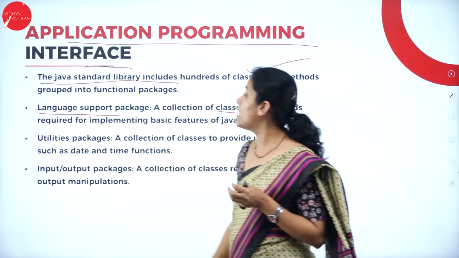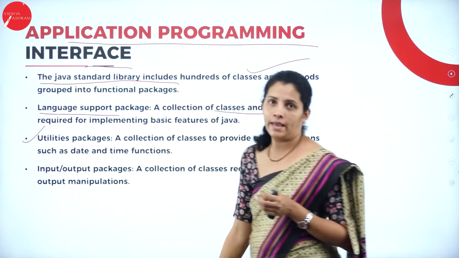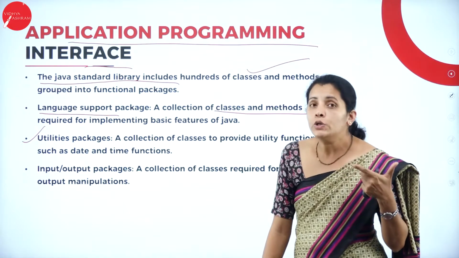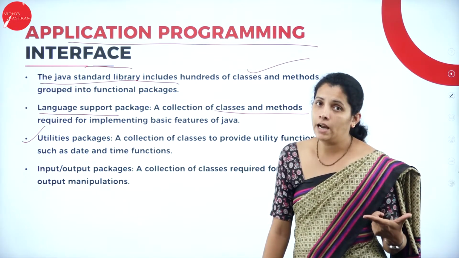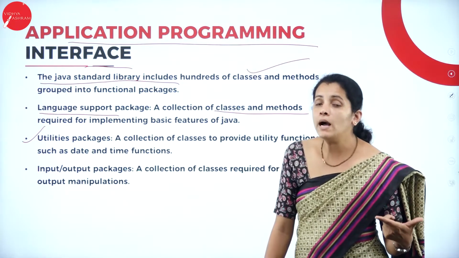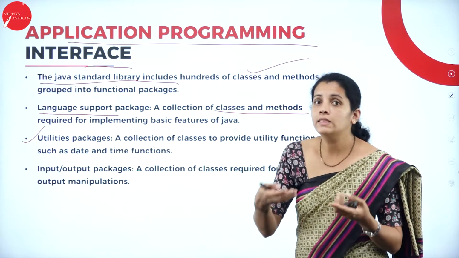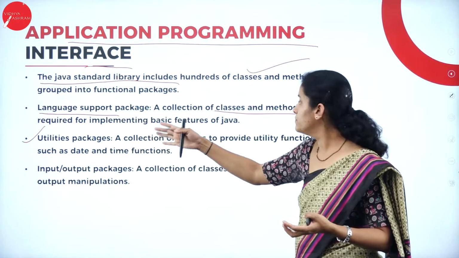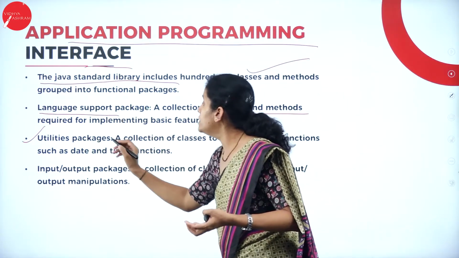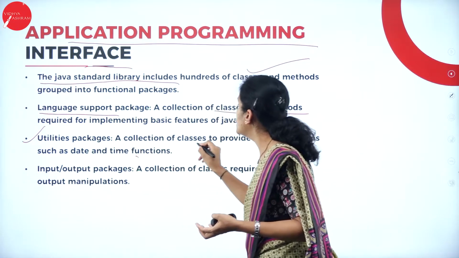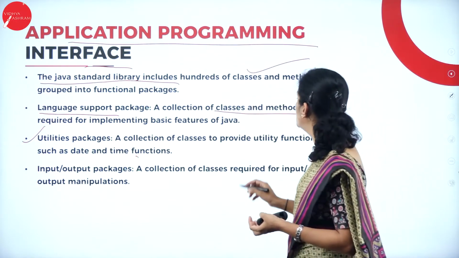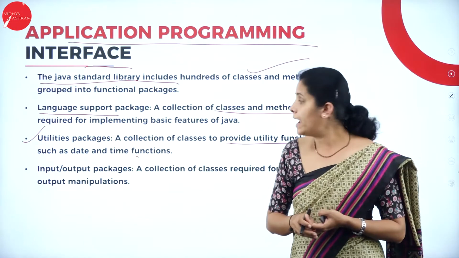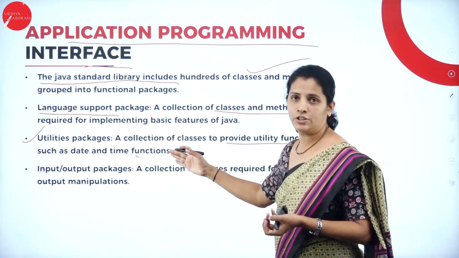Then I'm going to have the utility package. Consider the example that you want to use date and time functions or month. You want to display that time, I require the utility package. So here the utility packages are the collection of classes to provide utility functions such as date and time functions.